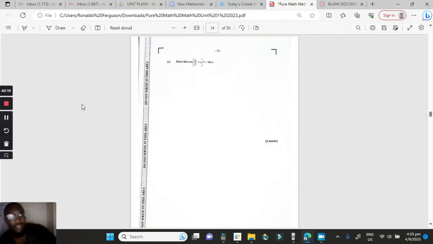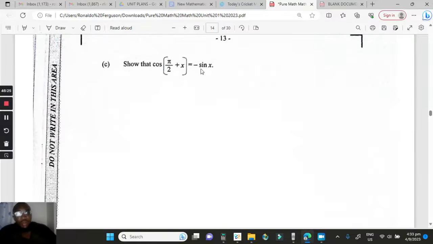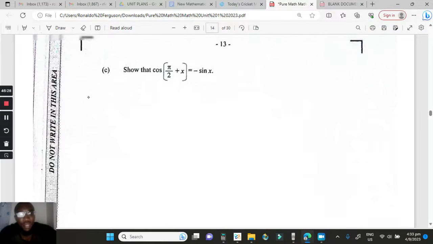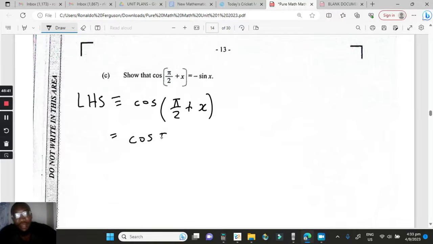So the next question now, it says we need to show that this is equal to negative sine x. So this is just compound angle. Remember, when you're doing a proof, you start from left. So left hand side is cosine pi over 2 plus x, which is cosine pi over 2 cosine x, then we have minus sine pi over 2 sine x.